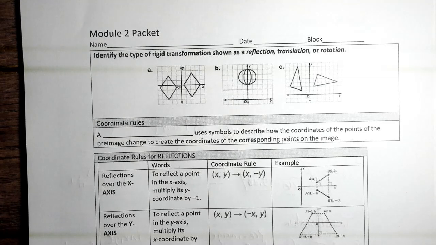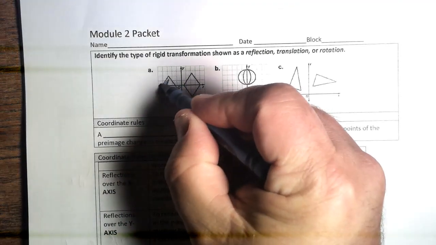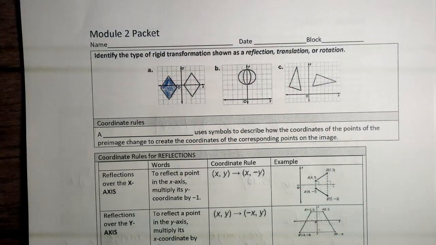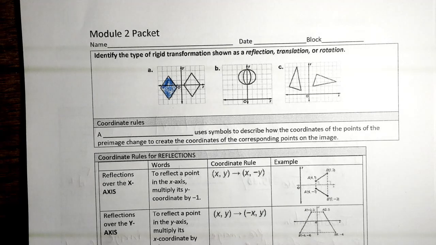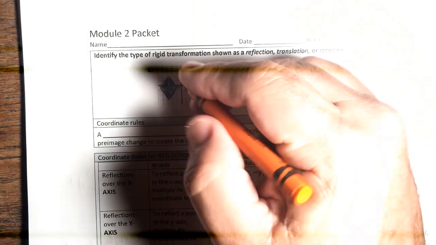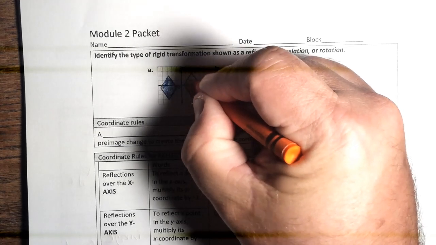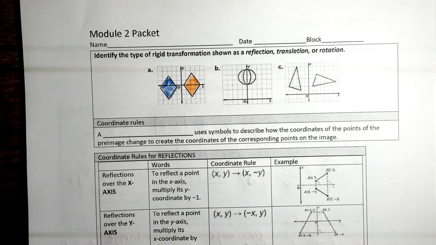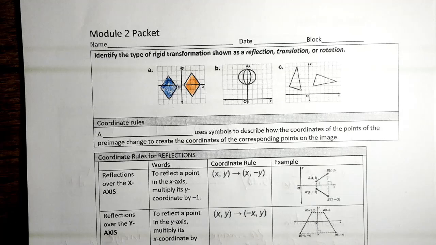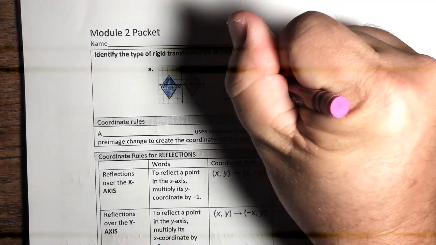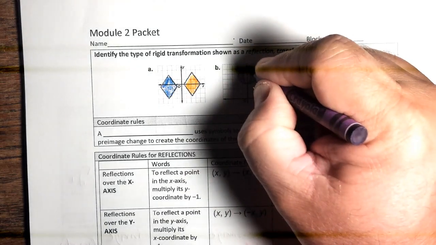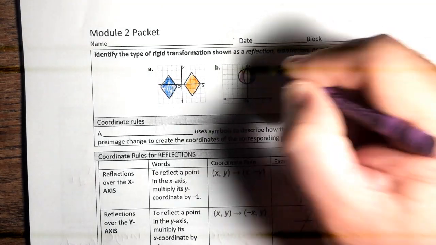So let's get a little fancy with the colors here. We'll just make this guy blue. This guy orange. I'll make this a little more visible for you guys.